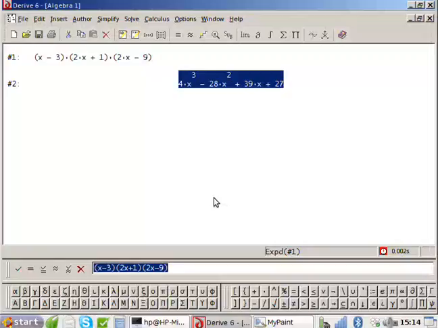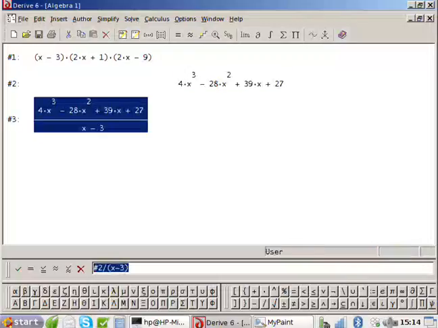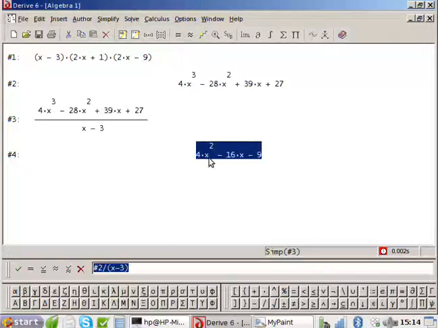If I told you x minus 3 was a factor, then what you could do is a long division. So you could do this long division, and what you should end up with is a quadratic. And the factors of this quadratic will be 2x plus 1 and 2x minus 9.